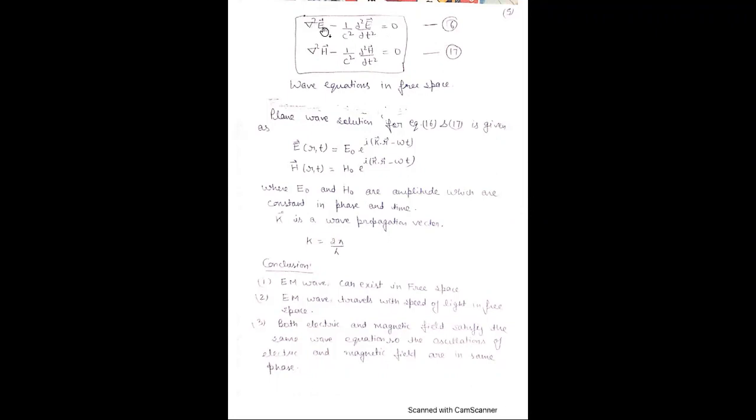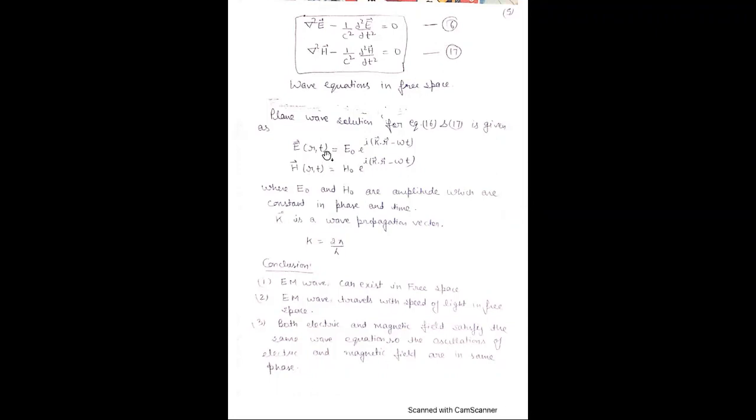Similarly, del square Ey minus 1 by c square ∂²Ey by ∂t² is equal to 0. And third is del square Ez minus 1 by c square ∂²Ez by ∂t² is equal to 0. And same for H, it is applicable for all three coordinates.